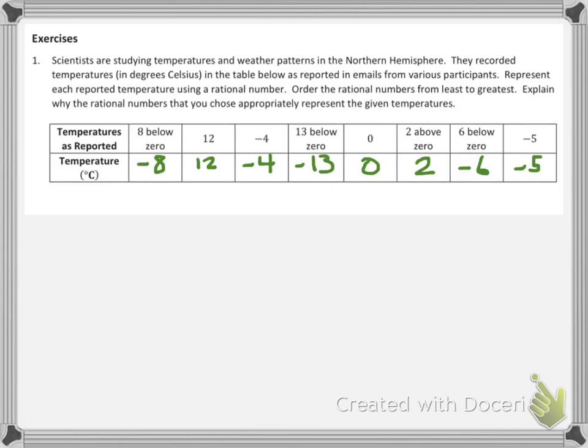So there are all of our temperatures, and now I just need to list them in order from least to greatest. So let's do that. My smallest number is the one that's the most negative. That's a negative 13.